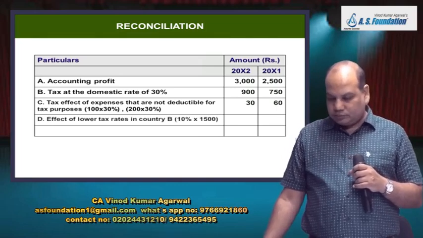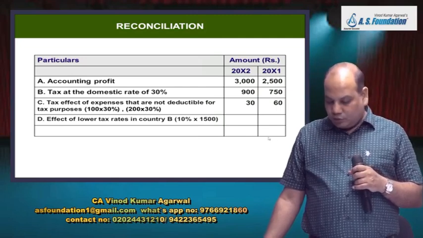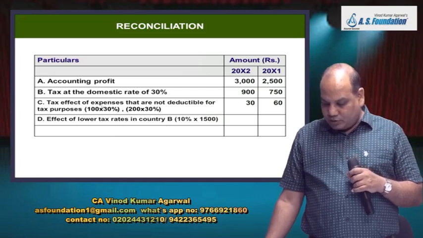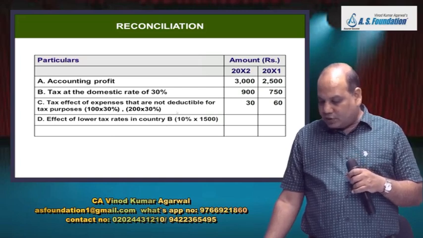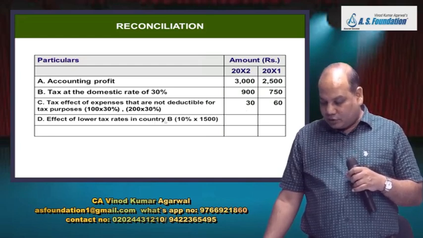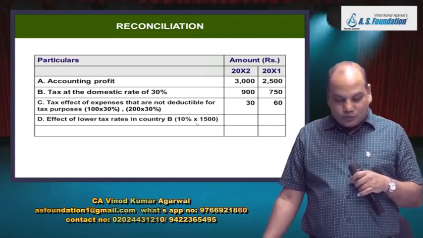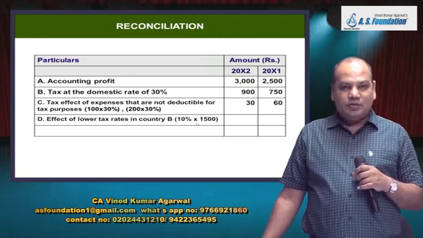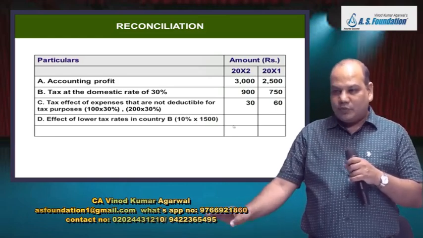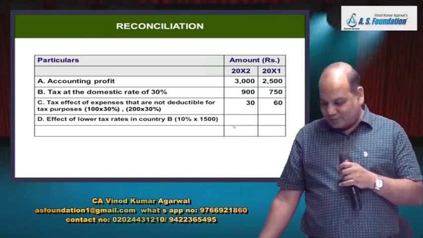Now write down effect of lower tax rate in country B. One more item. This disallowance has increased my tax liability, okay? But there is a benefit also. In country B, there is lower tax. First year, what is the country B income? 1500 into 10%, 150.